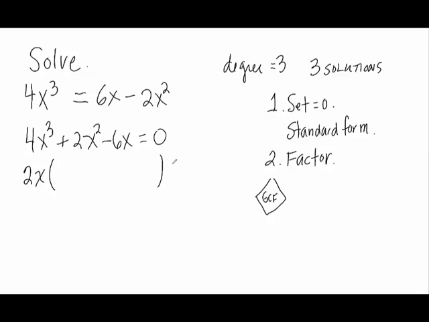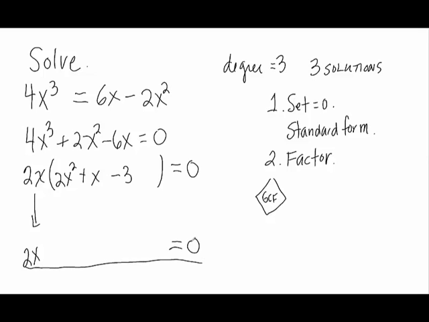When I pull out the 2x, I'm left with 2x squared plus x minus 3. Now I don't want to forget this 2x. I'm going to bring it down into my final factored form, and I'll use it as one of the factors that will help me to find one of these 3 solutions.